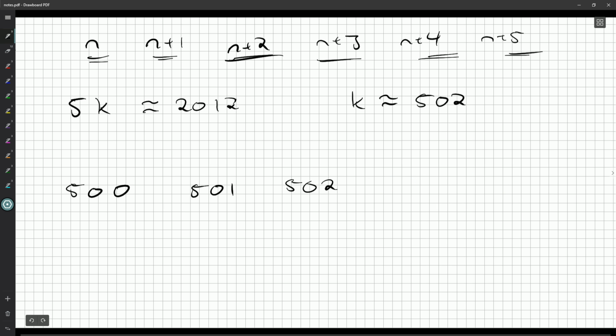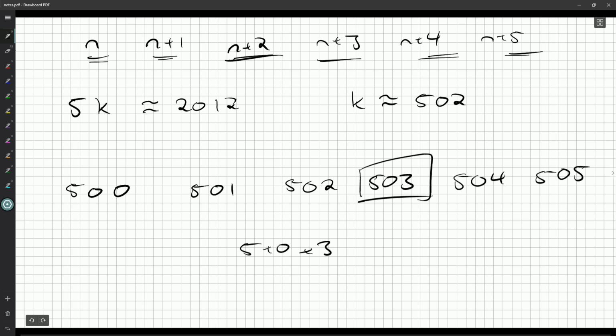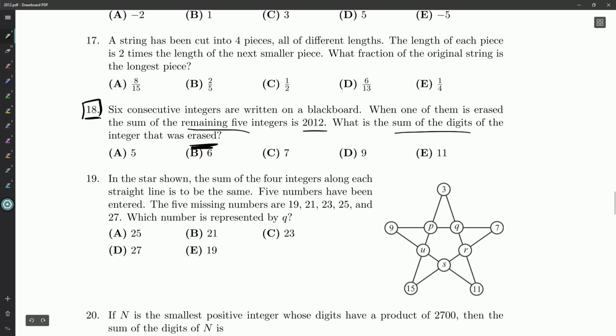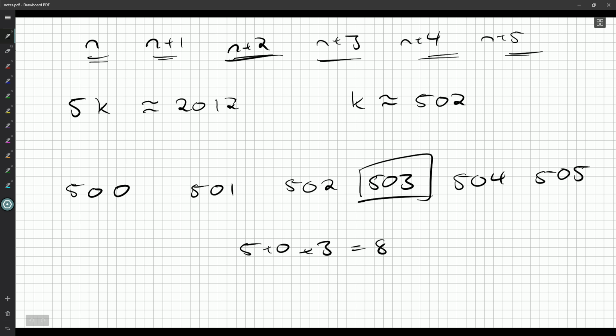Okay? So our numbers were 500 through 505, and as already stated, we erased 503, and the sum of the digits there is 8. So 8 is nowhere to be found. Oh, here's my problem.